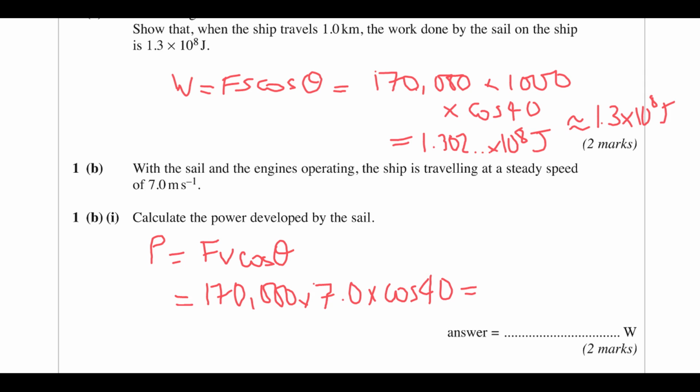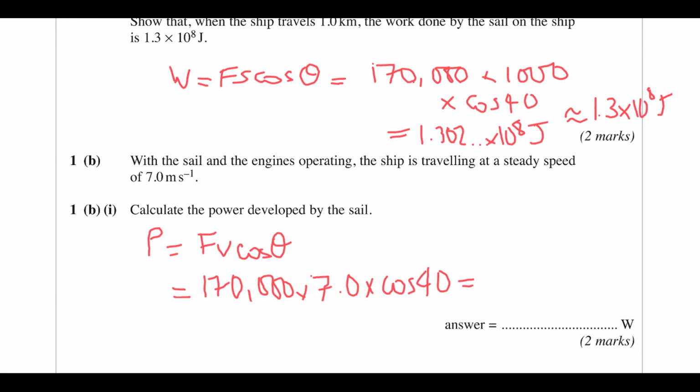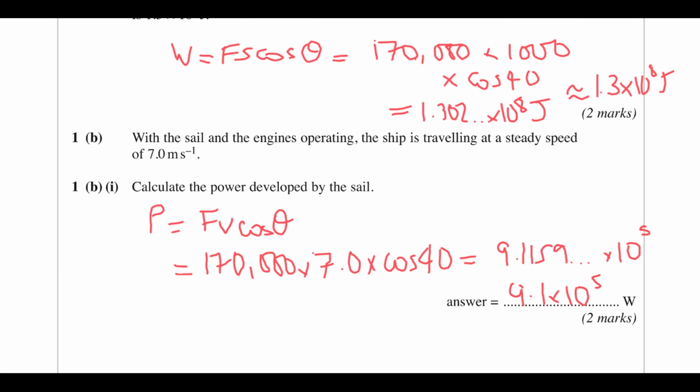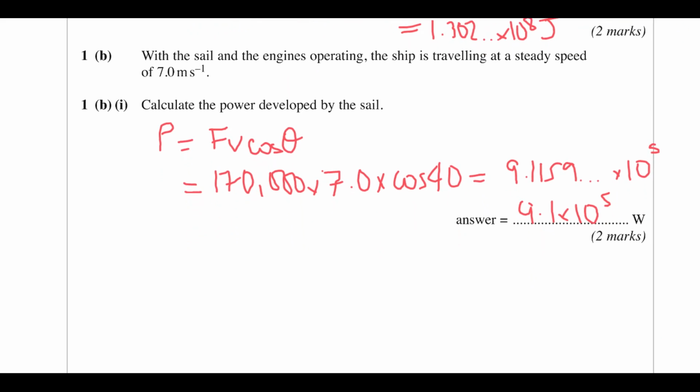We end up with 9.1159 times 10 to the power of 5. Two significant figures, which would be appropriate here, would be 9.1 times 10 to the 5 watts there. Okay, so that gives us the power.